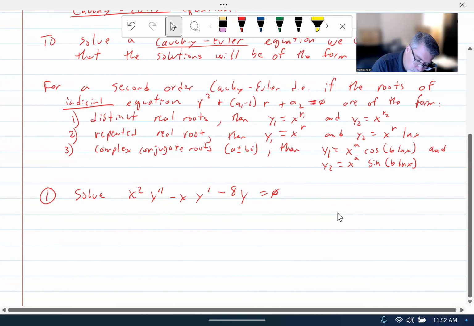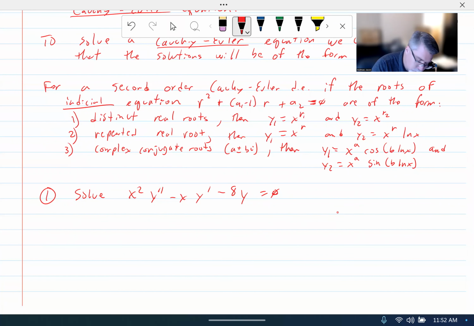Okay. So we said that we have y equal x to the r power.